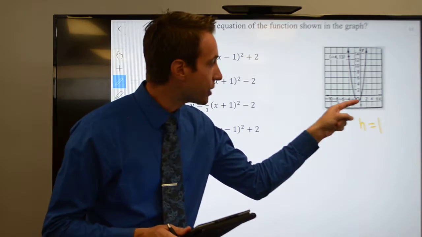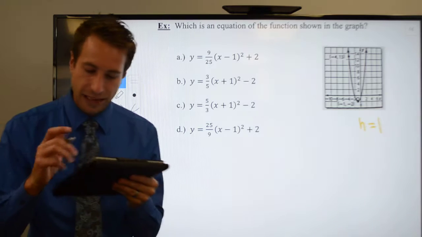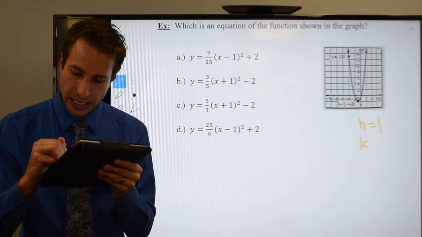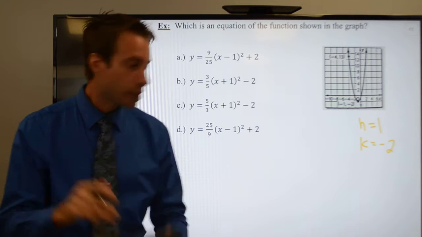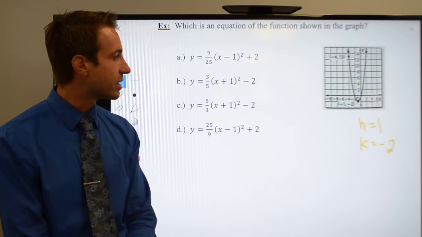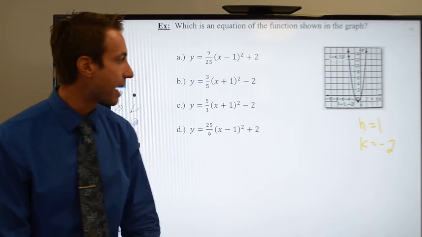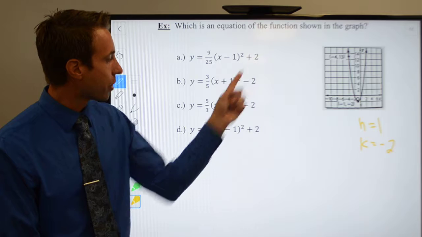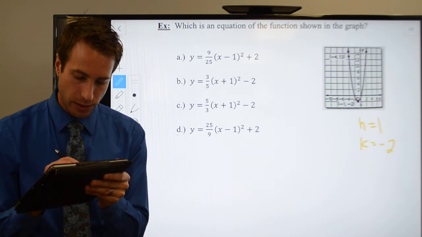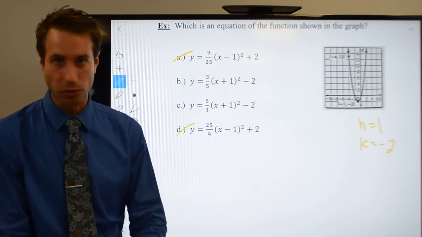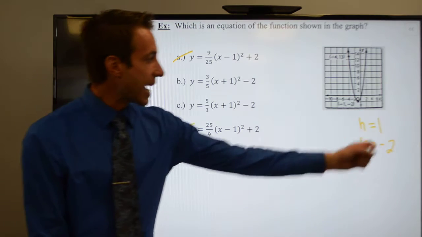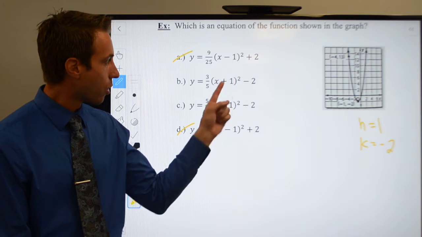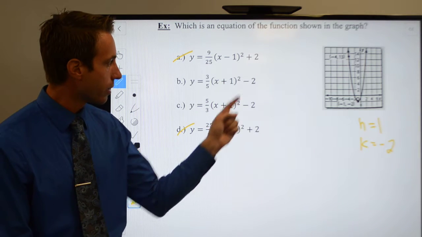And my vertex has been shifted down to -2, so k has to be equal to -2. So let's go ahead and eliminate the ones that don't work. I know my k needs to be a -2, and I have a +2 and a +2, so those ones can't be the right answer. My h has to be a positive 1, so positive 1 and positive 1, -2, -2.